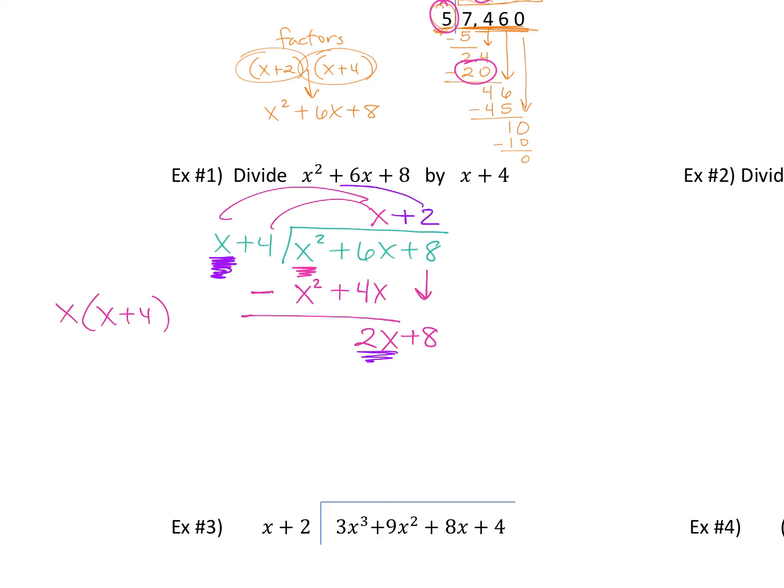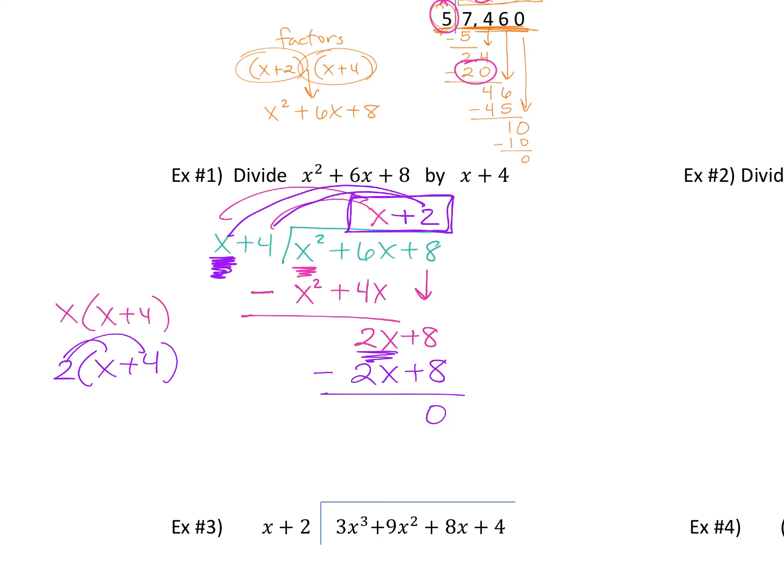If I multiply both of those by 2, you can write it like that, you can write it like this, or you can not show me any of that and just do it in your head. 2x plus 8 is what I end up with, and now I'm going to subtract those, and I get 0. If you get 0, then you have a factor. So that means x plus 2 is a factor of x squared plus 6x plus 8, and x plus 4 is a factor of x squared plus 6x plus 8, okay?